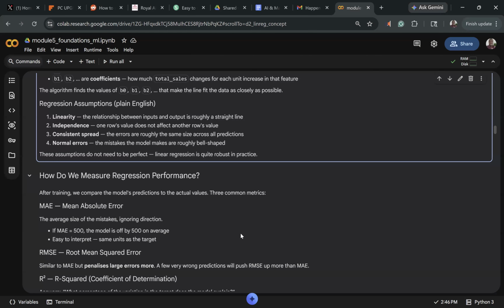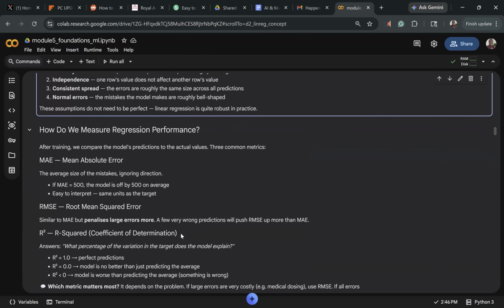So we put that into an absolute value, then it becomes 500. At that point our MAE is 500, because the model is off by 500 on average. This is very easy to interpret because it maintains the same unit.